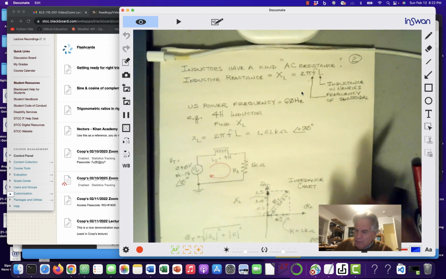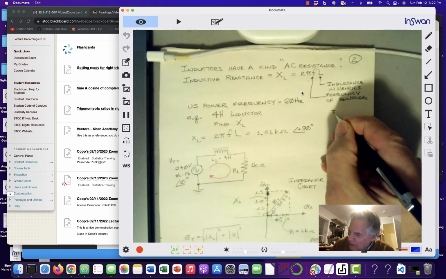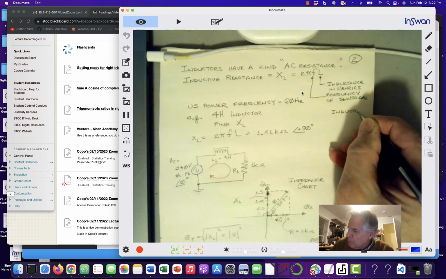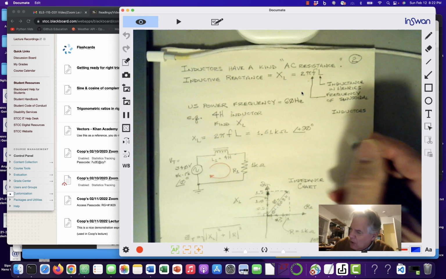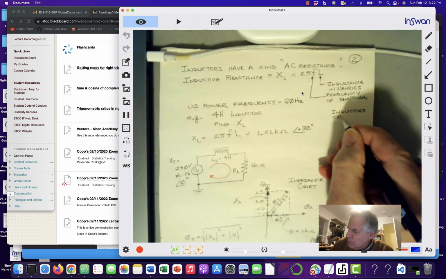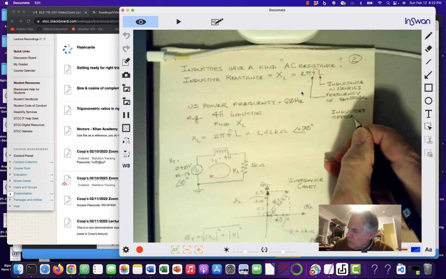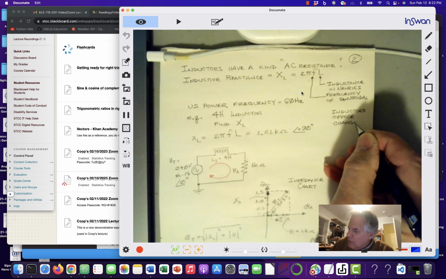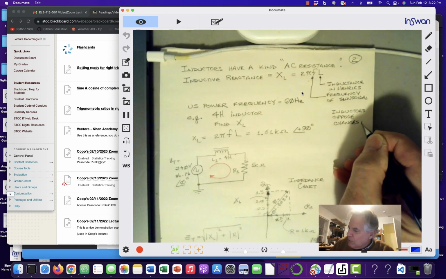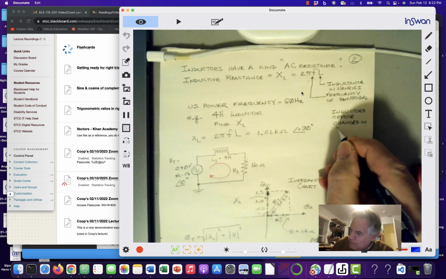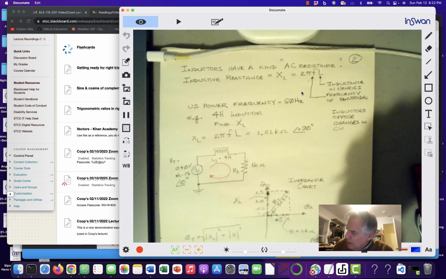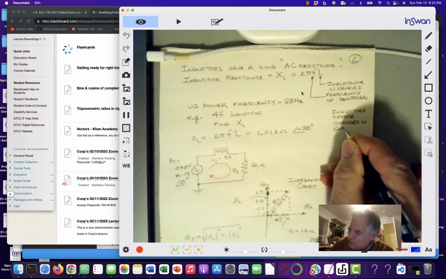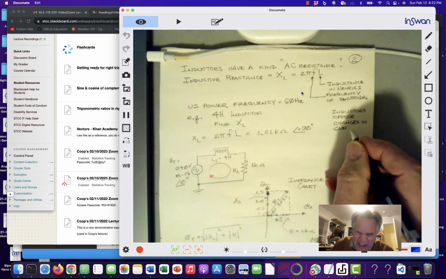Inductors oppose changes in current. You know, there's a lot of duals in this stuff, if you know what a dual is, D-U-A-L.